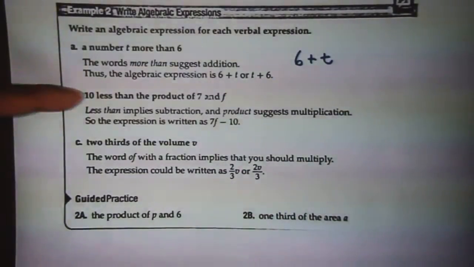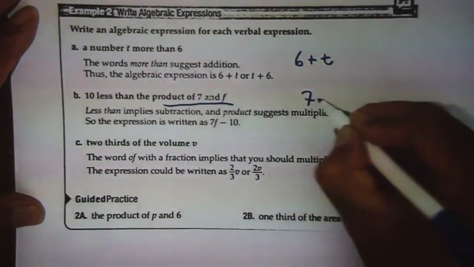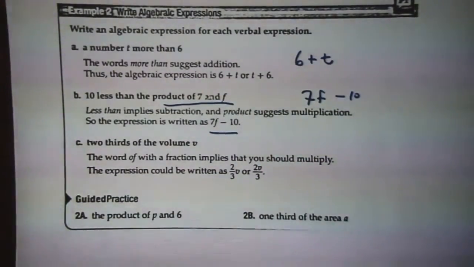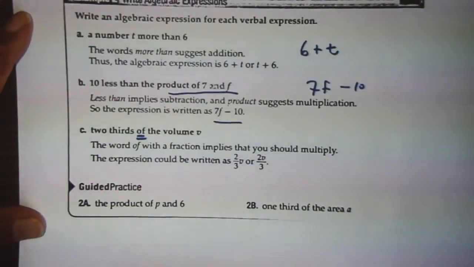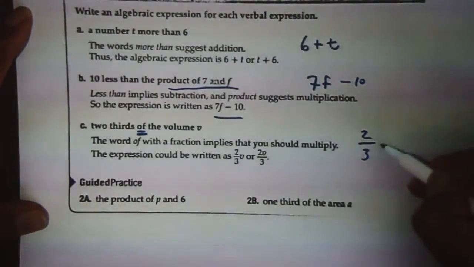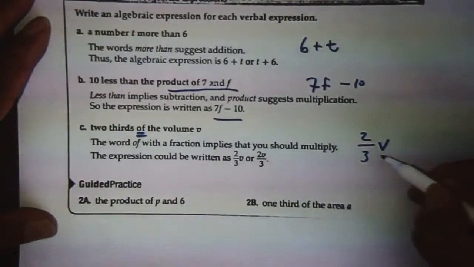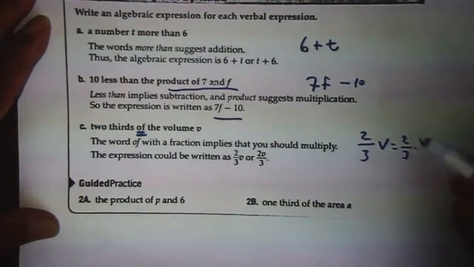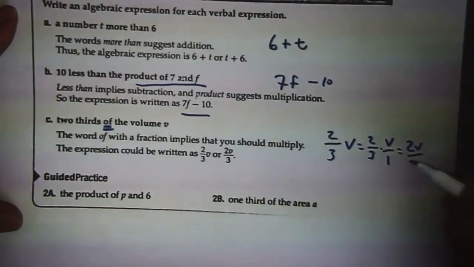10 less than the product of 7 and f. The product of 7 and f means multiplication, so 7f. And then 10 less means minus 10, so that's how we get that expression. Next, 2/3 of, so the word of again implies multiplication, so it's 2/3 as a fraction of the volume V, so 2/3 of V. Another way to write this, because V is a fraction, remember every whole number is a fraction over 1, so this is 2/3 times V over 1, which allows us to write it as 2V over 3 when you multiply straight across.